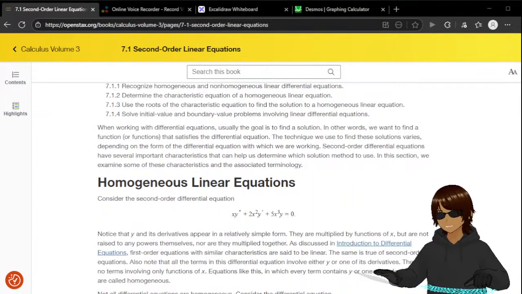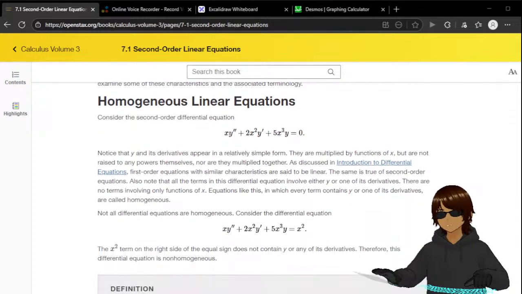In other words, we want to find a function or functions that satisfies the differential equation. The technique we use to find these solutions varies depending on the form of the differential equation with which we are working. Second order differential equations have several important characteristics that can help us determine the solution method to use. In this section, we examine some of these characteristics and the associated terminology.